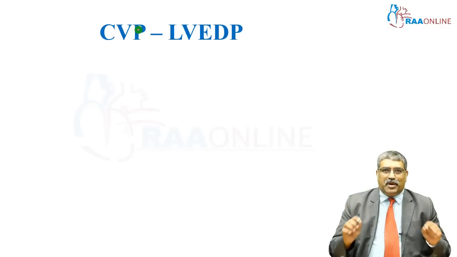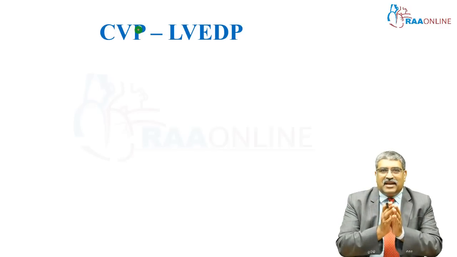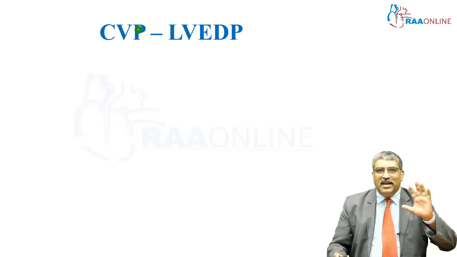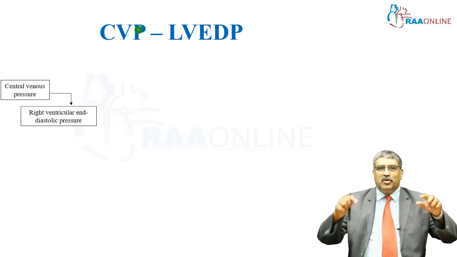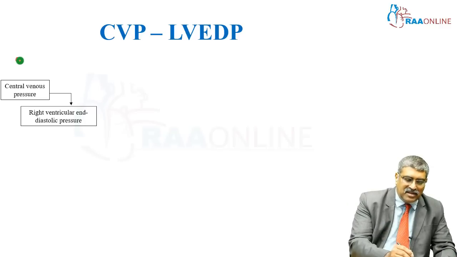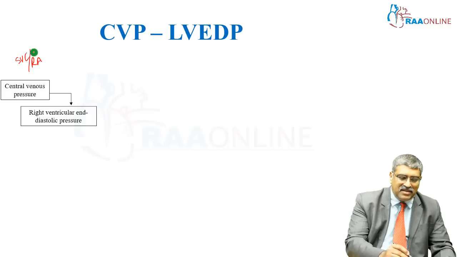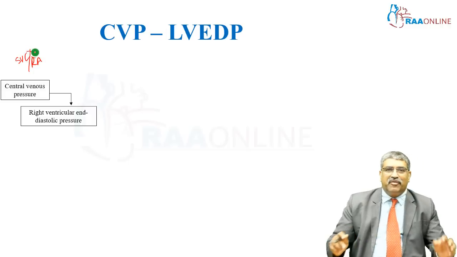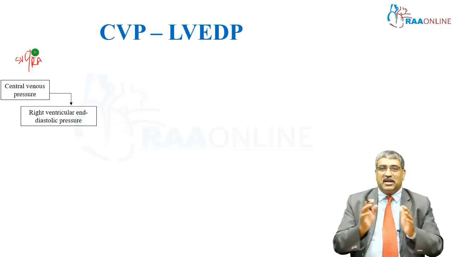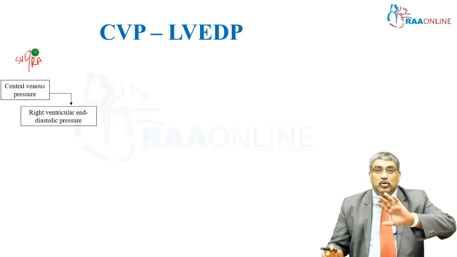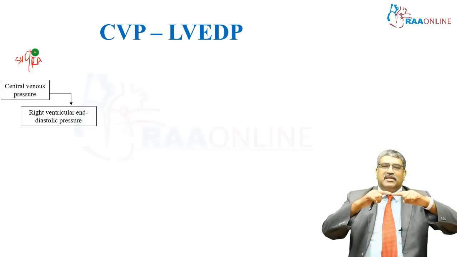The main purpose of putting a central line is to reflect on the cardiac filling pressure. What you do is, you put a catheter at the SVC RA junction. This catheter will reflect the central venous pressure, which will reflect the right atrial pressure, provided there is no abnormality at the SVC RA junction.